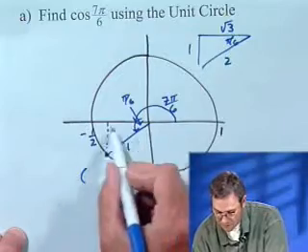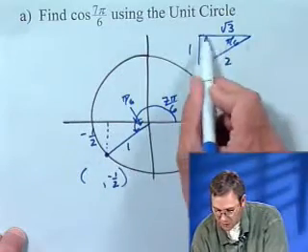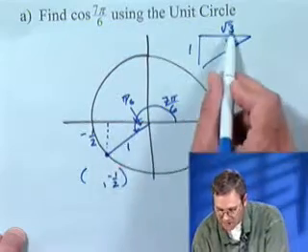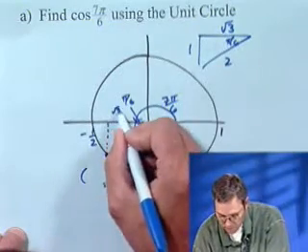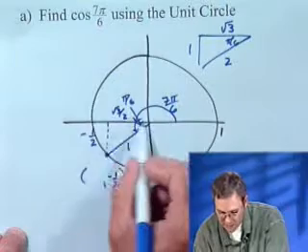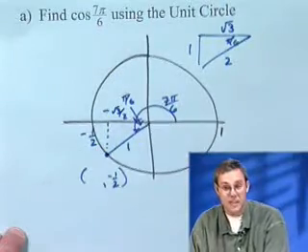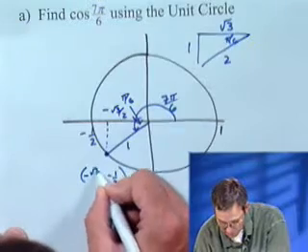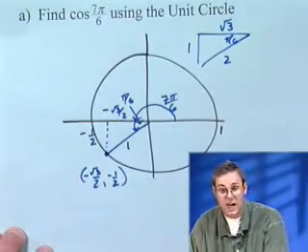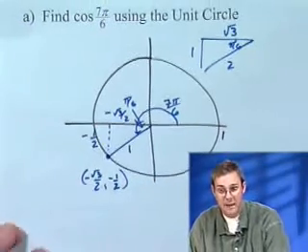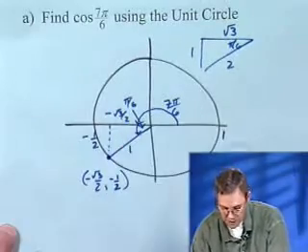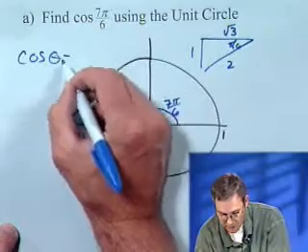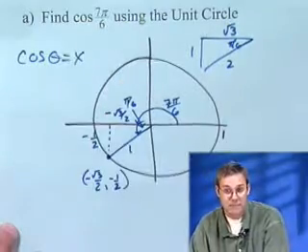And the x coordinate, well, if this is square root of 3, and I want to convert this length of square root of 3 over here, I have to divide this by 2. Again, since I'm in the negative direction, I need to put a negative sign there. So here are the coordinates: negative root 3 over 2, comma, negative half. Now, remember, by the definition of the unit circle, cosine of theta was just the x coordinate.